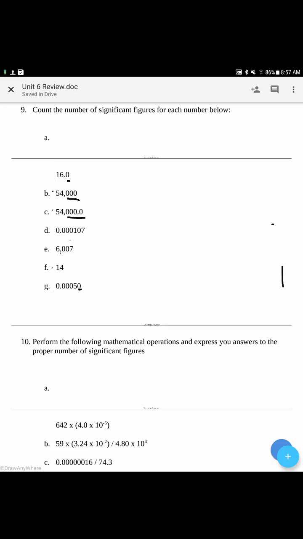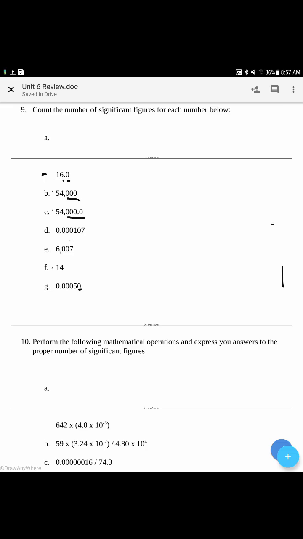Trailing zeros are only significant if there is a decimal anywhere in the number. So for this one right here, this trailing zero is significant because there is a decimal. If that decimal wasn't there, that zero wouldn't be significant.